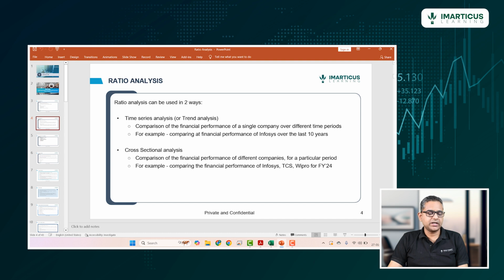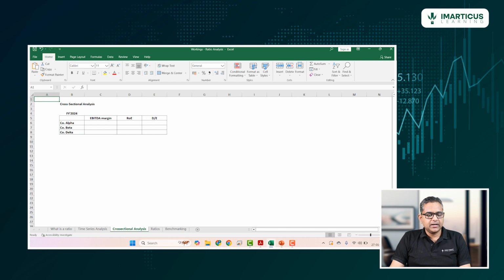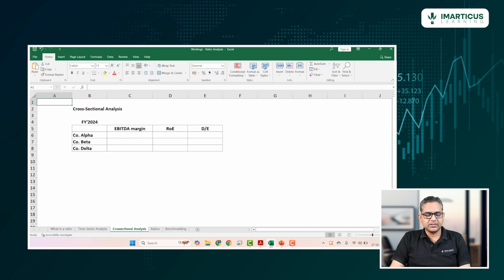Second is cross-sectional analysis, in which we do comparison of the financial performance of different companies for a particular period. For example, comparing the financial performance of Infosys, TCS, Wipro for FY 2024. So what we do in cross-sectional analysis is we look at multiple companies now.